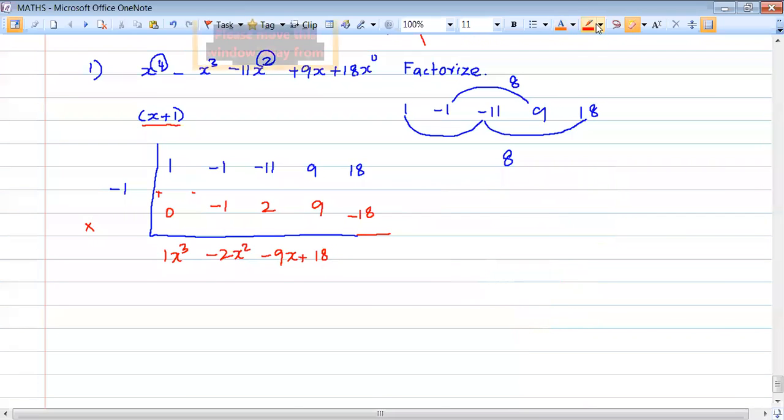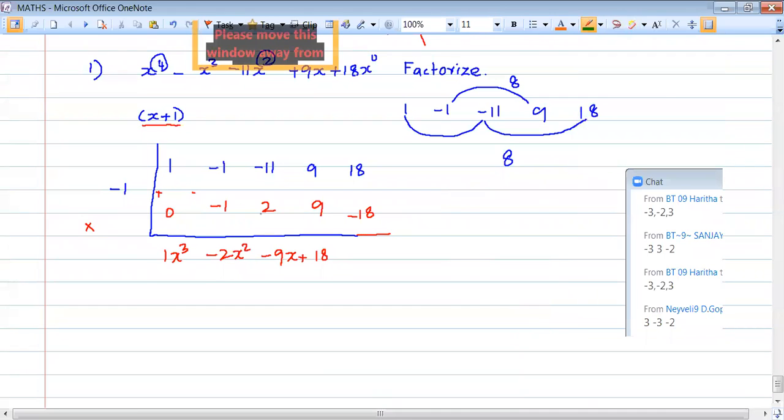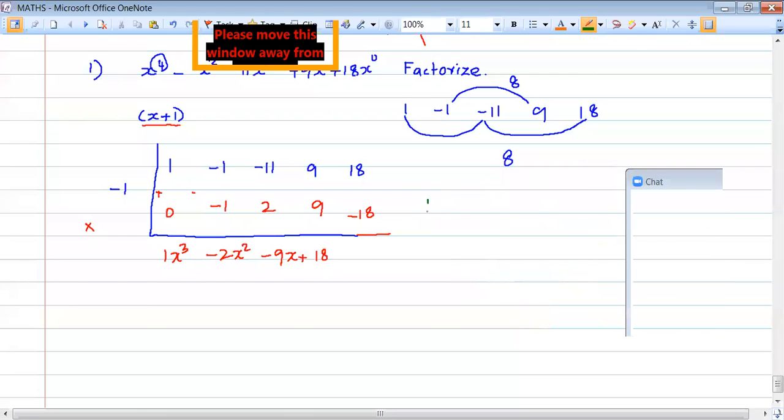Now, what you have to do, dear students, first. So this is our polynomial, right? Now, P of x is equal to x cube minus 2x square minus 9x plus 18. Substitute x equals 2.